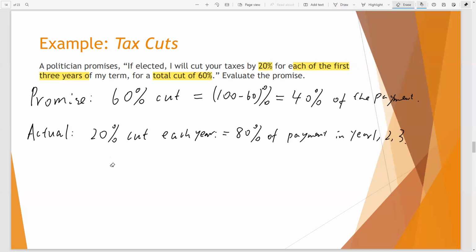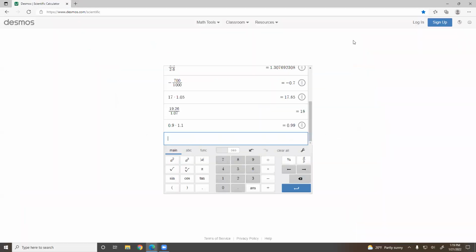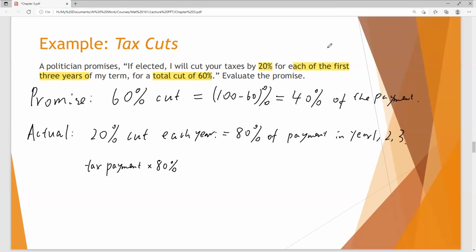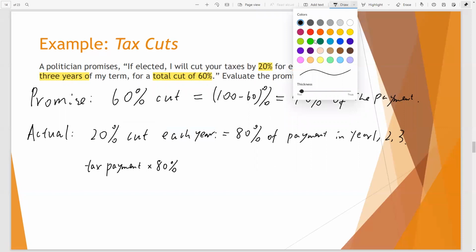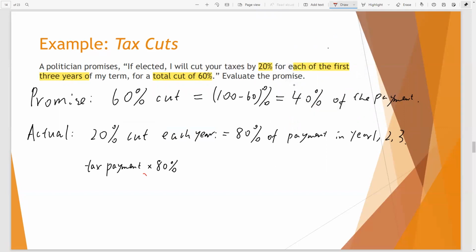Let's calculate in this way. The tax payment multiplied by 80%. And this one is the first year deduction.